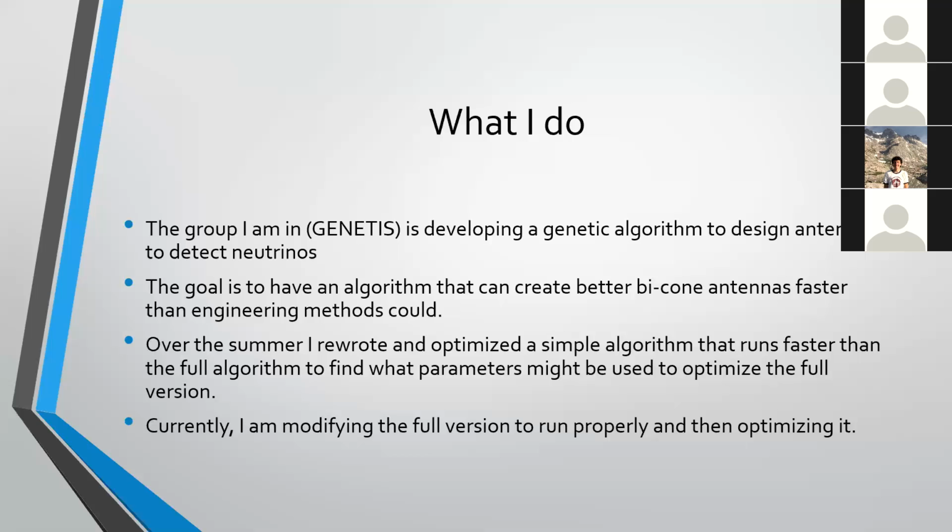And now that I've done that, I'm currently going through the main code and modifying everything to work properly, because about 2 weeks ago, after I took a look at it with our resident expert on genetic algorithms, we realized, oh, this has no reproduction method.